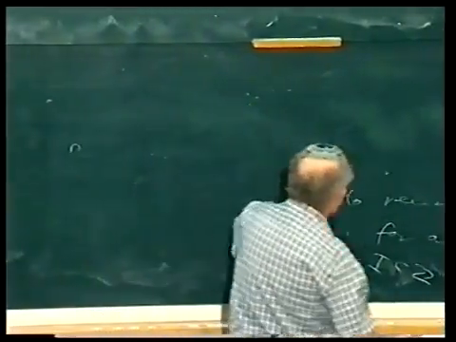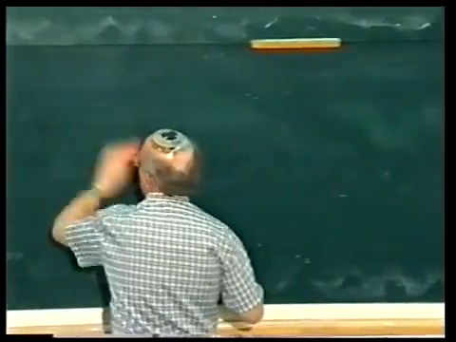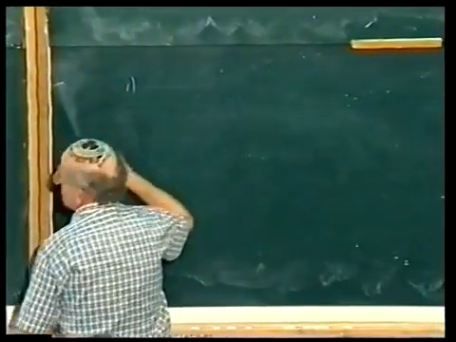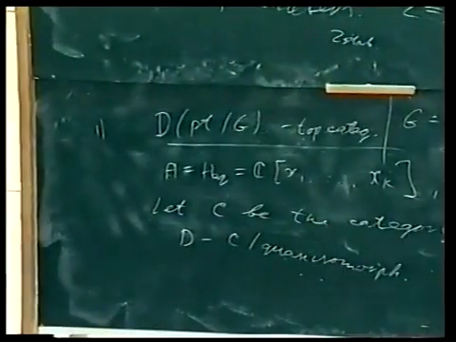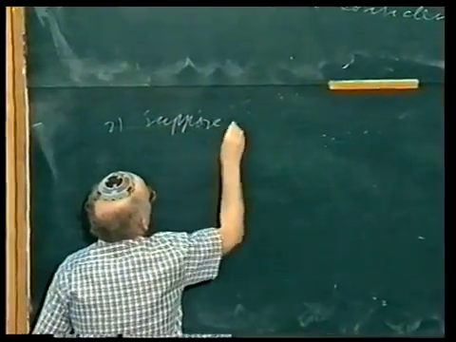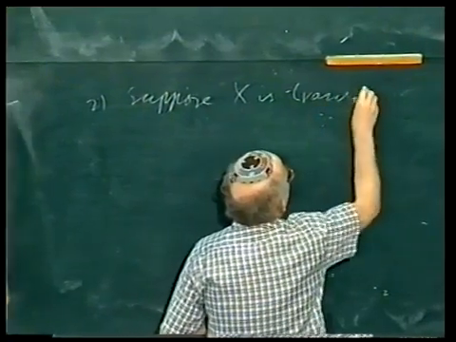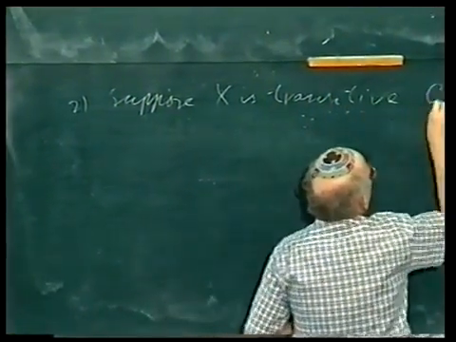So next thing is some variation on this example. So this is 1, this is 2. Suppose X is a transitive G-space.